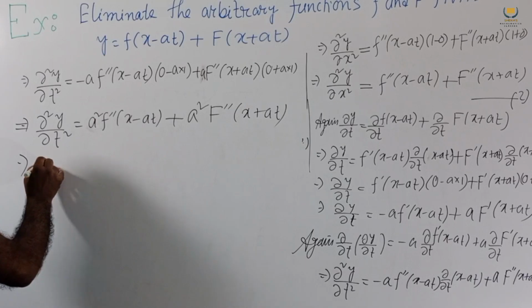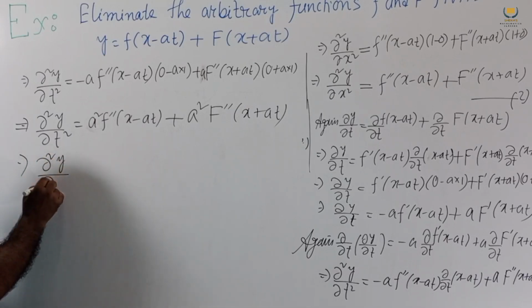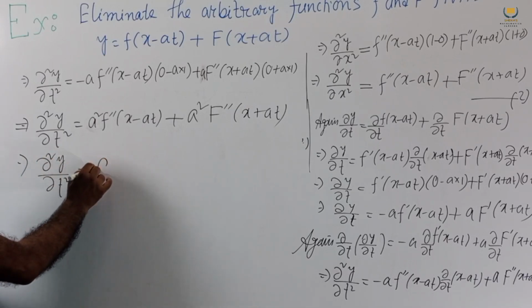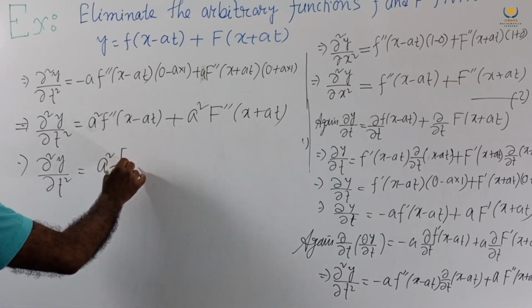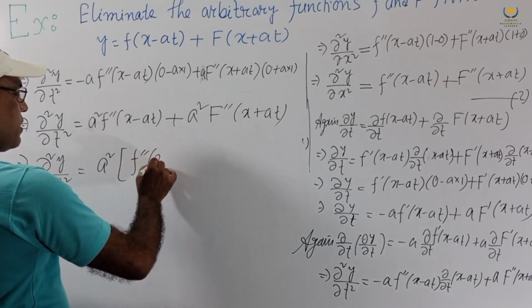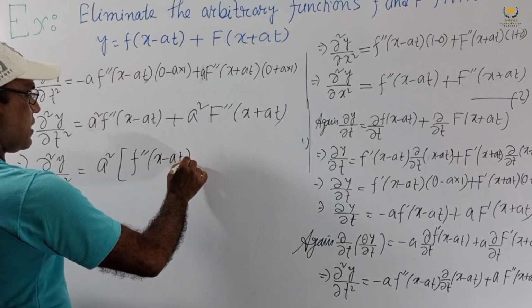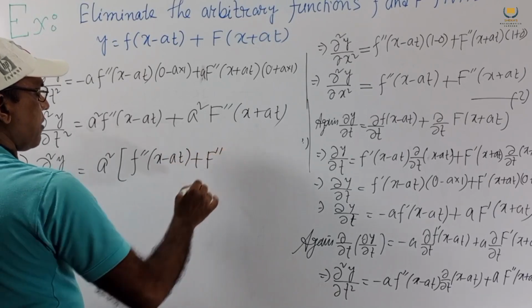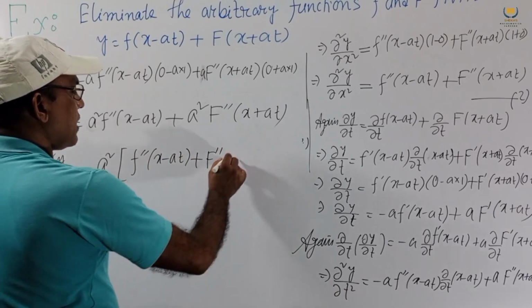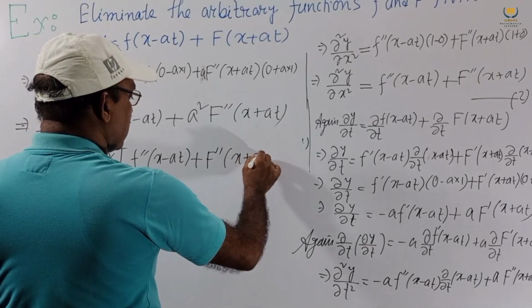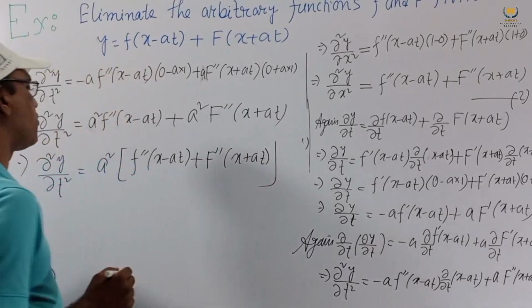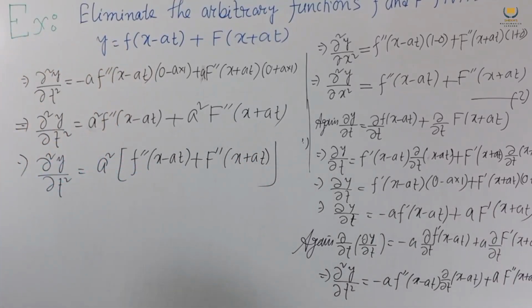This implies ∂²y/∂t² = a² [f''(x − at) + F''(x + at)], a² being common. Now our aim is to remove the f function.